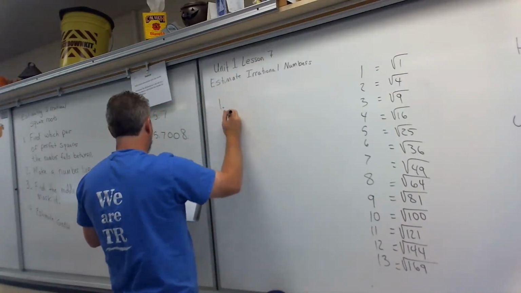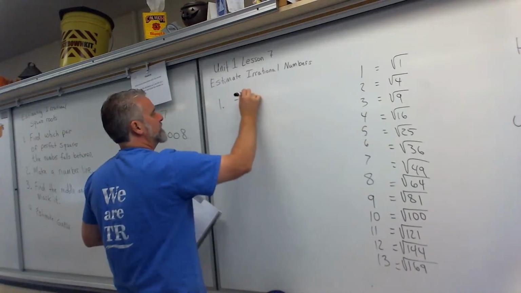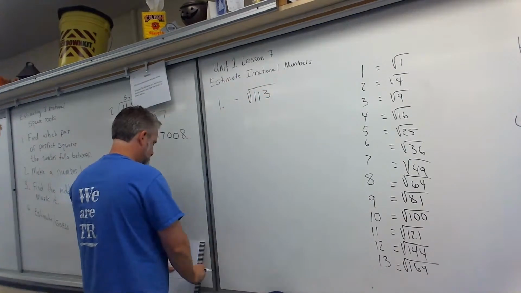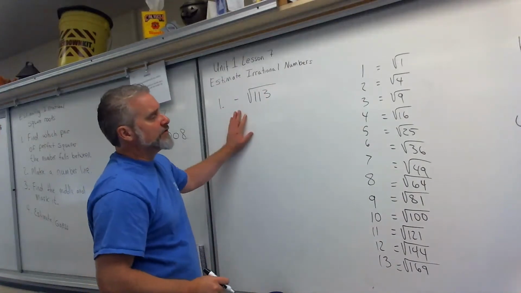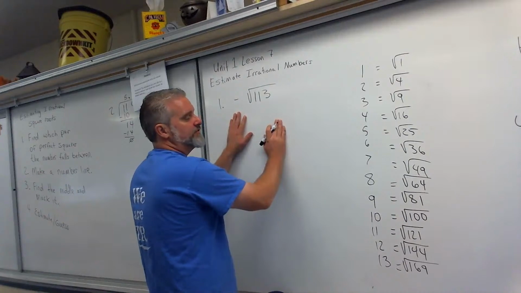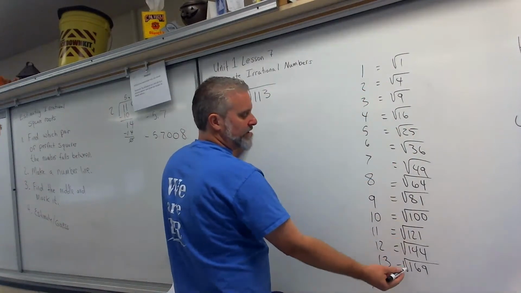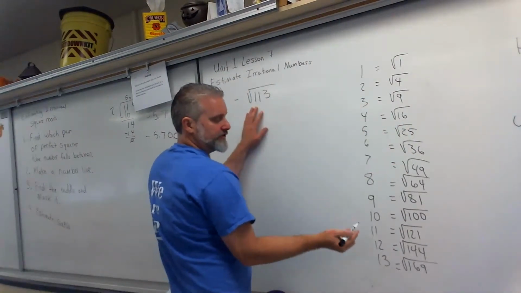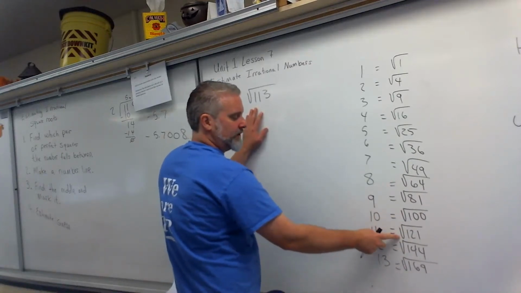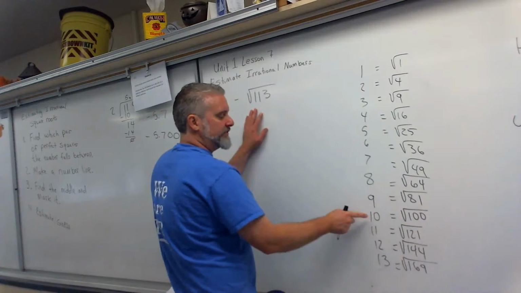Starting off with problem number 1. We have negative square root of 113. As we were talking about in class, we try to see where 113 fits in our list of perfect squares. So 113 falls between 100 and 121. Square root of 100 is 10.